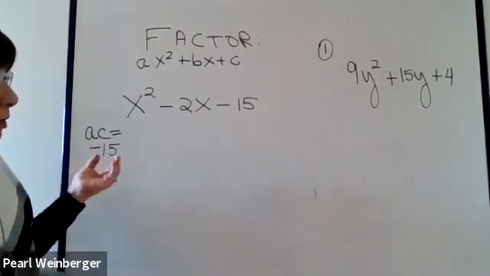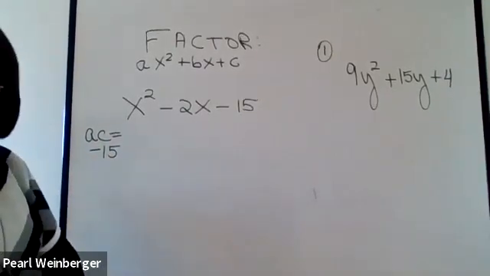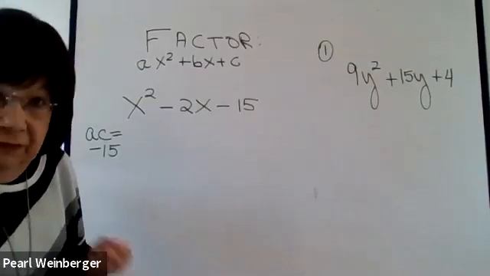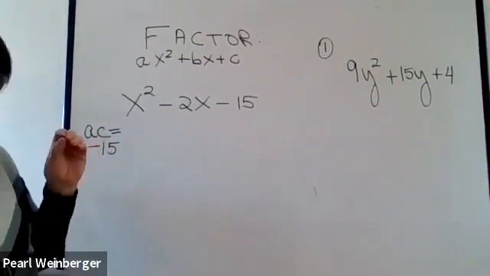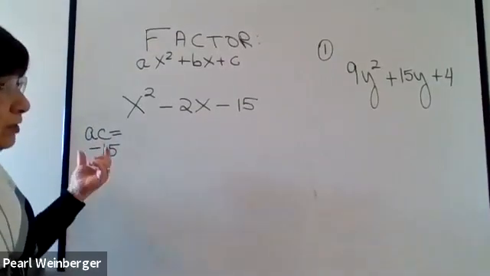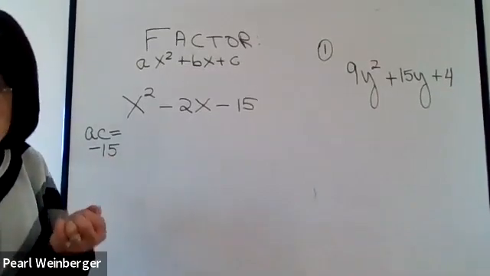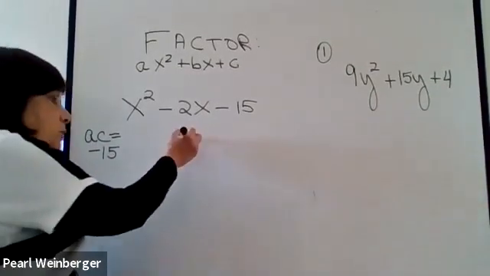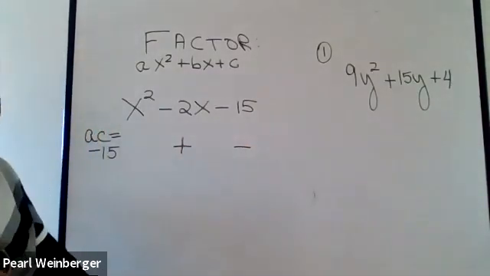Now, remember, we're looking for numbers that are going to multiply to the AC. I'm first going to deal again with the signs, then I'll worry about the numbers. But in order for numbers to multiply to a negative, obviously one number has to be positive and one number has to be negative.